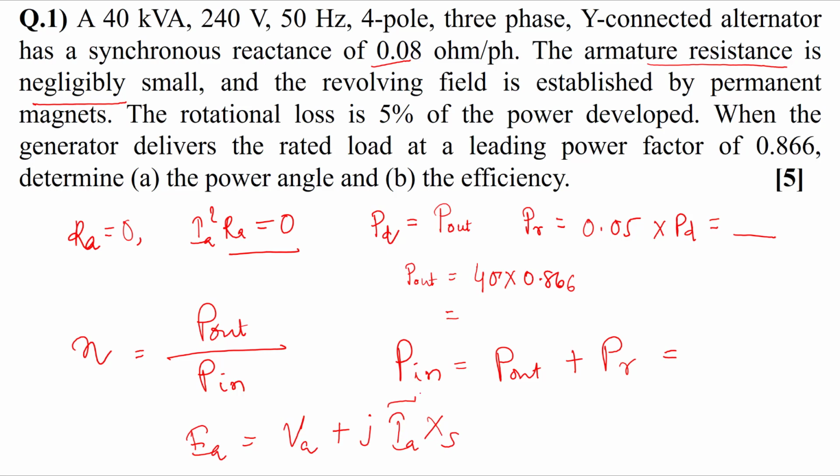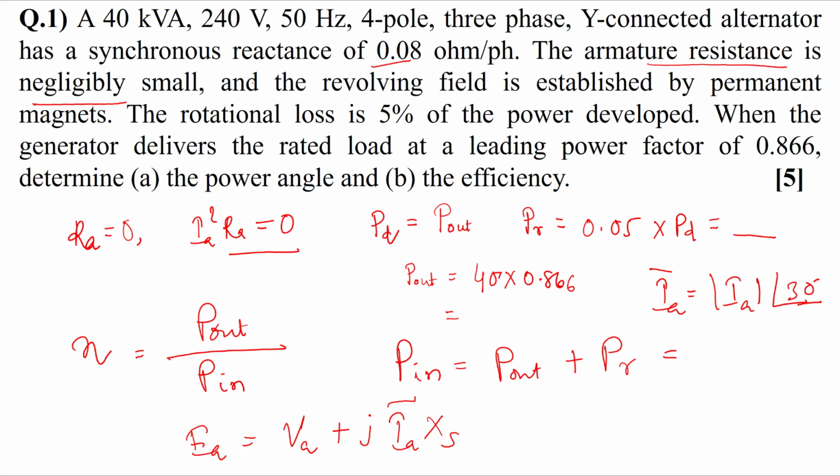IA is a vector quantity here because IA has an angle: IA magnitude, and the angle is 30 degree, right? It is 0.866 leading, which means 30 degree leading, right? So IA you can find from this kVA rating. Very simple, just by multiplying.